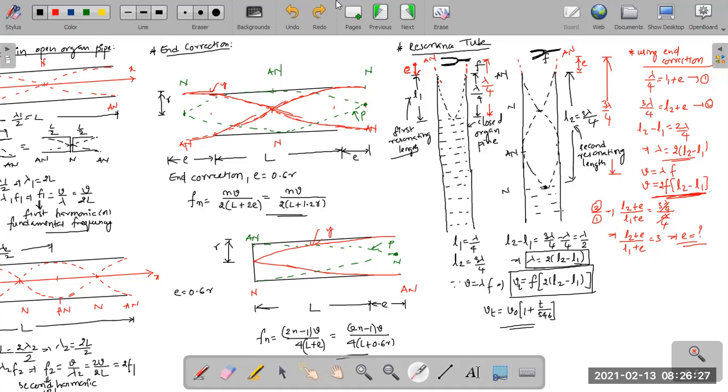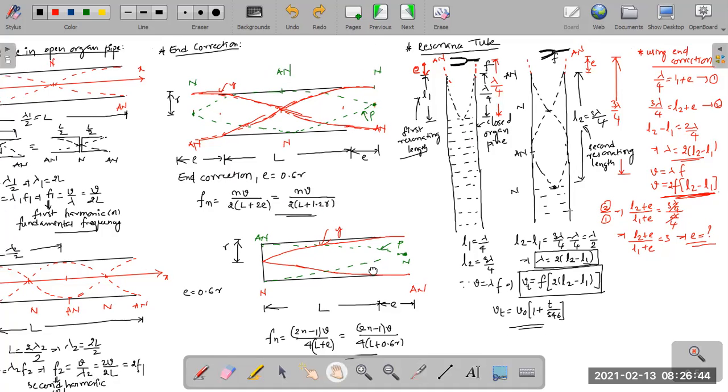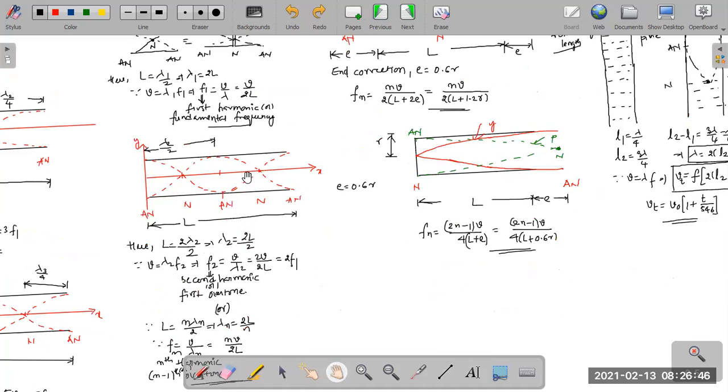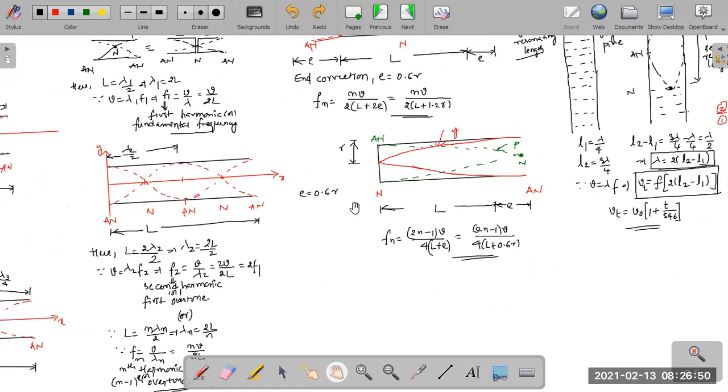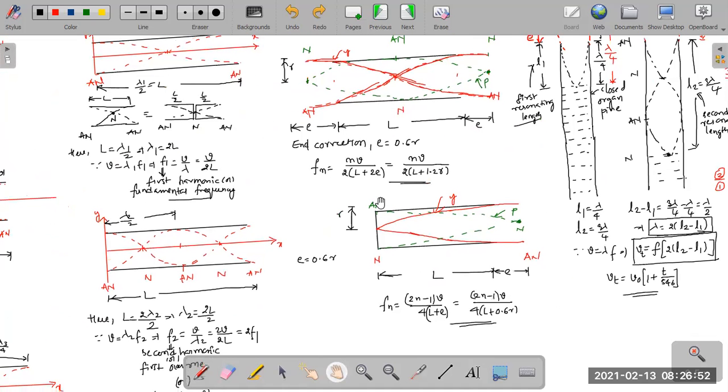Sir, in the end correction part, in f equals nV by 2 into L plus 1.2 R, how did you get that, sir? You're asking about this expression. You see, this is an open pipe, right? Here we solved for the open organ pipe. What's the relation? nV by 2L, that's what I used.